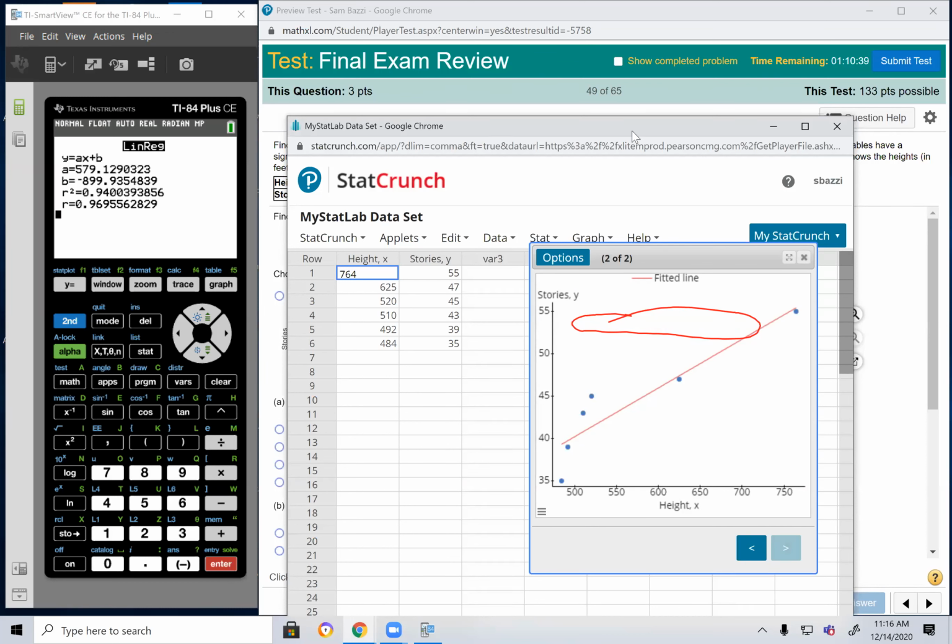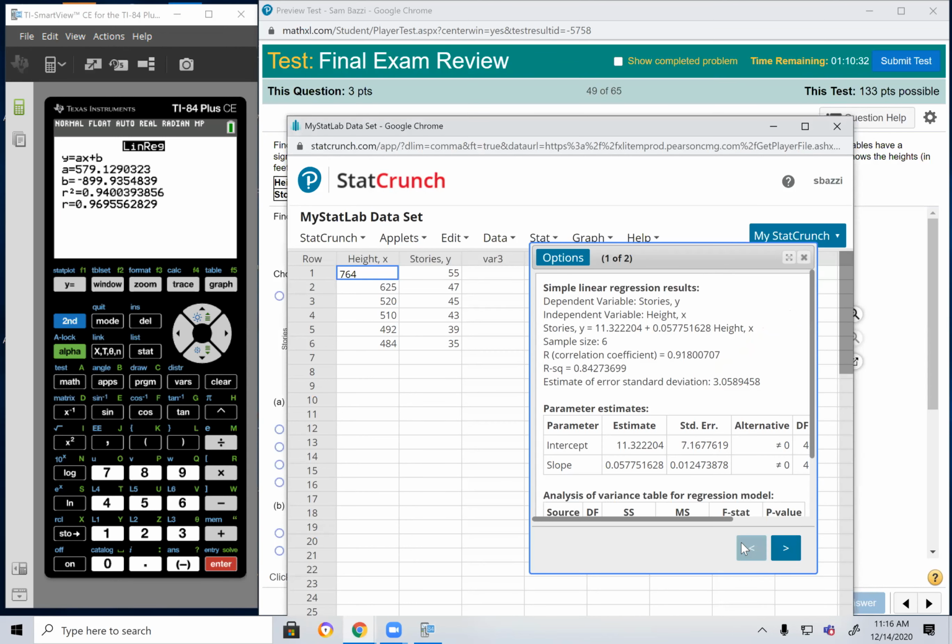Let me just clear this. This is the graph, so you can select which one works there. Go back, and the equation will be 11.32 plus 0.0577x. It just times x.